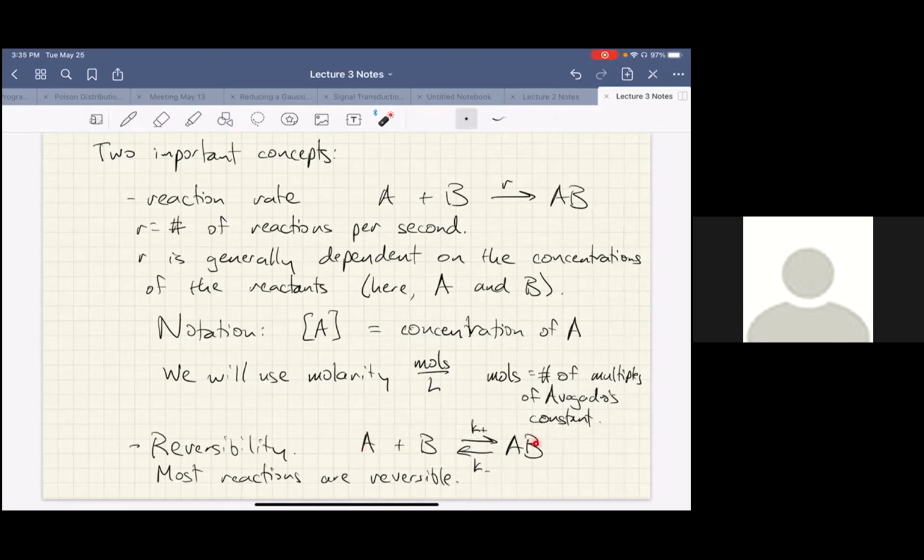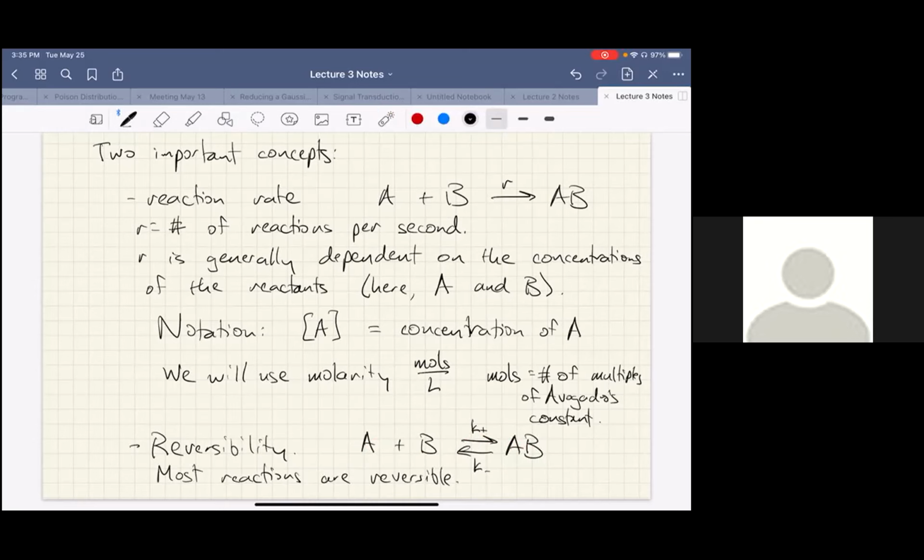While these are forming, these are dissociating at the same time. What that actually means is that eventually these chemical systems will come to some sort of steady state where the forward rate and the reverse rate balance out, and the system no longer changes.